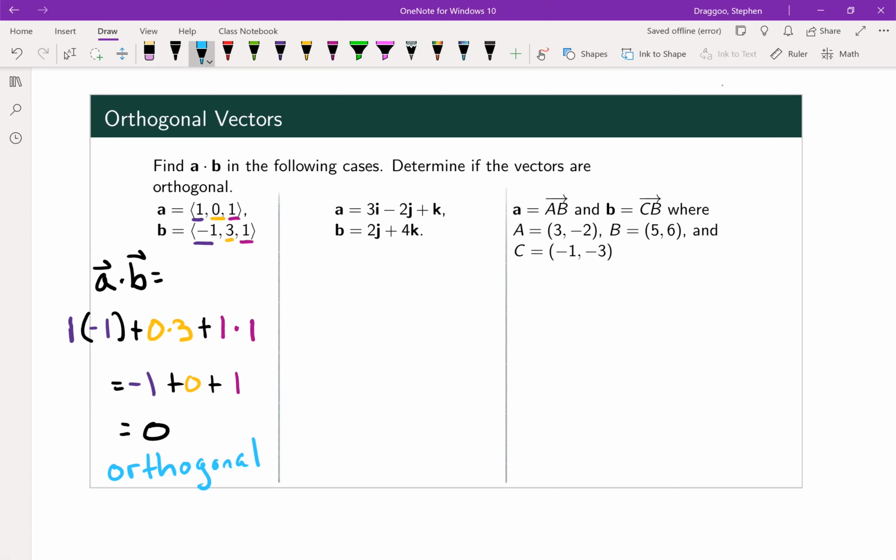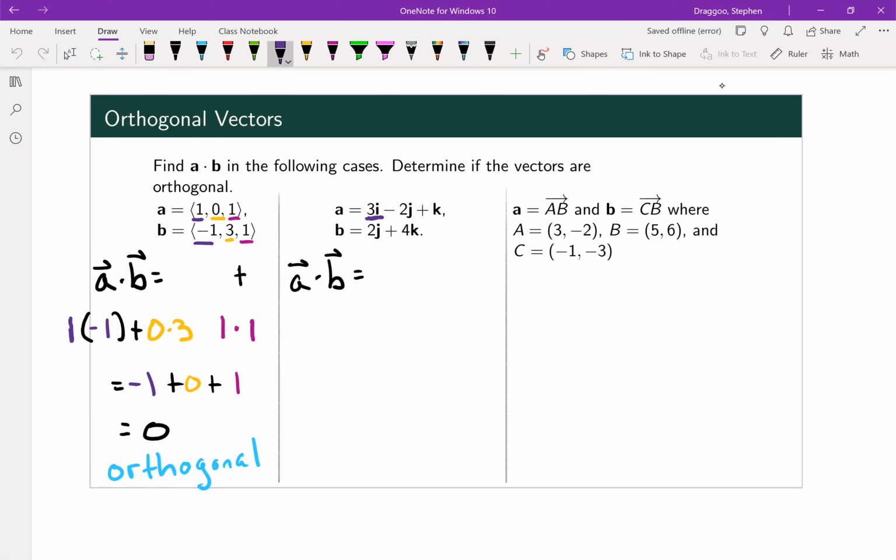All right, let's then take a look at the next example. So we'll look at A dot B and see what we come up with. So we'll start with the x components. This time it's written in terms of the basis vectors. And in A, we have 3i, but B is just 2j plus 4k. So there is no i term, meaning that the coefficient on i is 0.